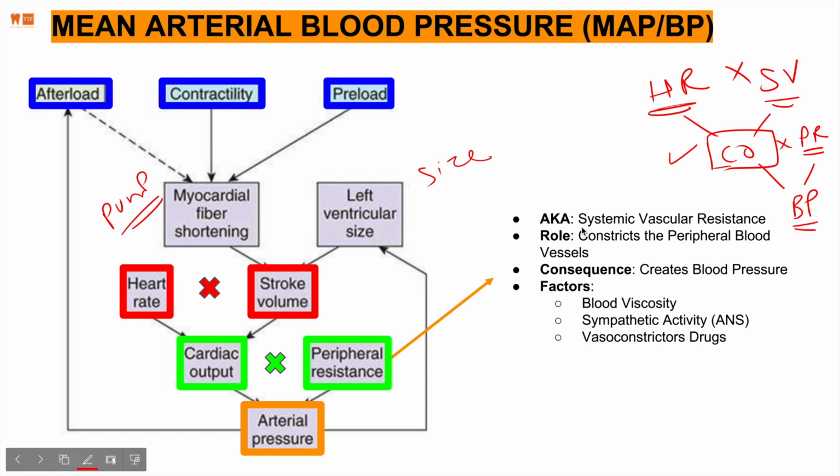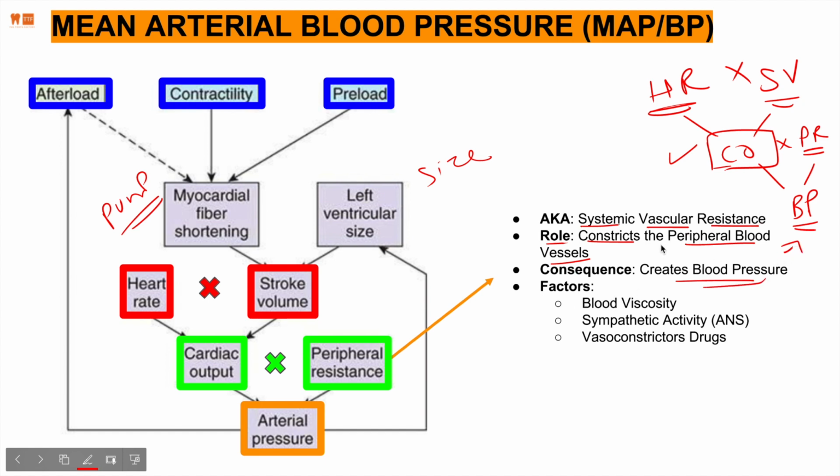BP is also known as systemic vascular resistance. The role is of arterial pressure and PVR and how they're connected. It constricts the peripheral blood vessels, right? That's the resistance. The consequence is the creation of blood pressure.